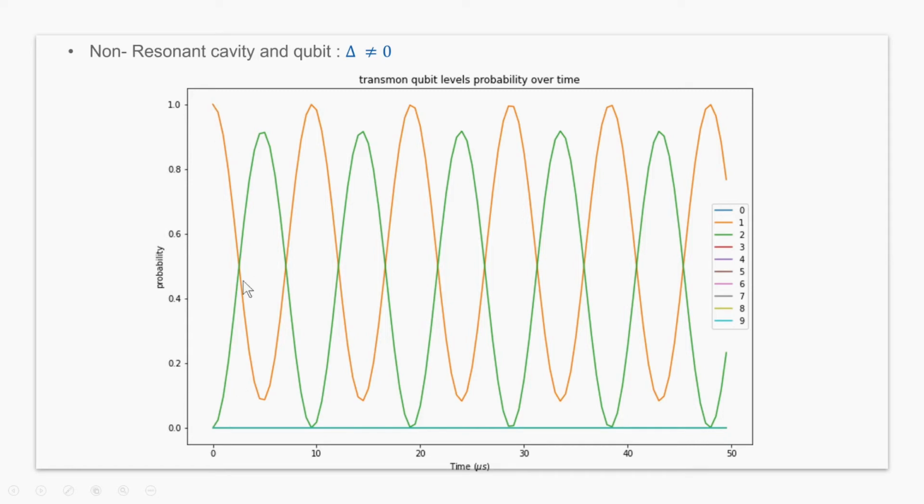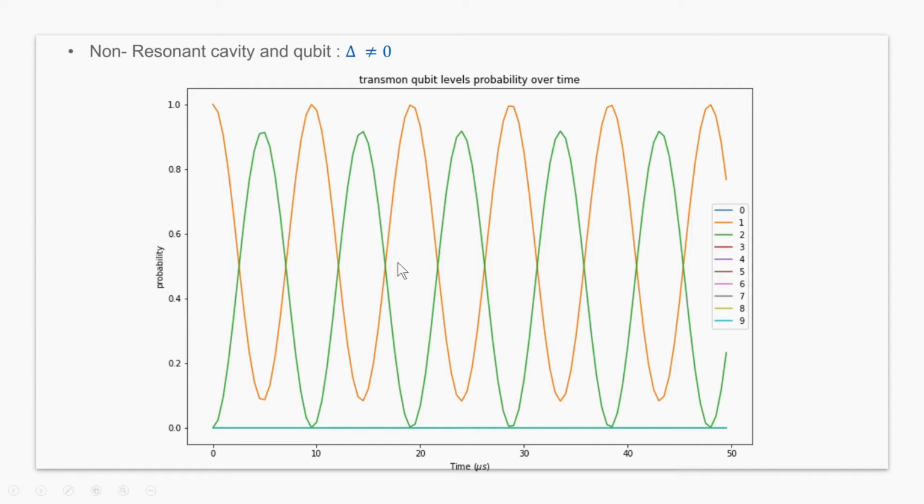So the probability oscillates, but it does not go completely to zero for the excited state, and for the ground state it does not go all the way to 100%, or probability 1. These oscillations that we are seeing here between the excited and the ground state of the Transmon are known as Rabi oscillations.